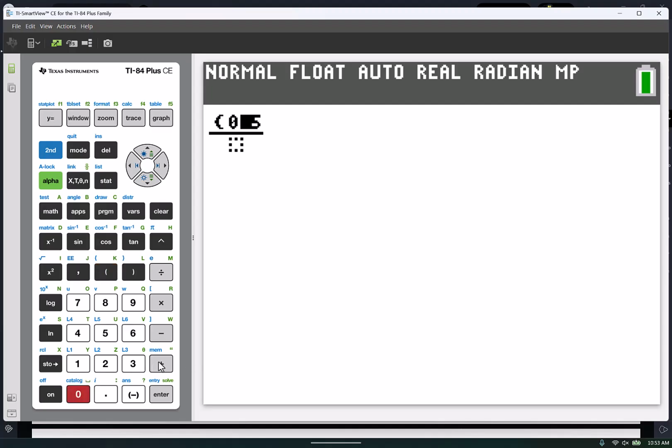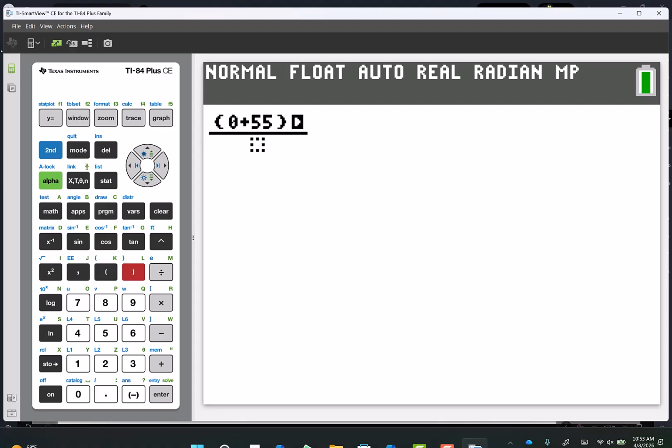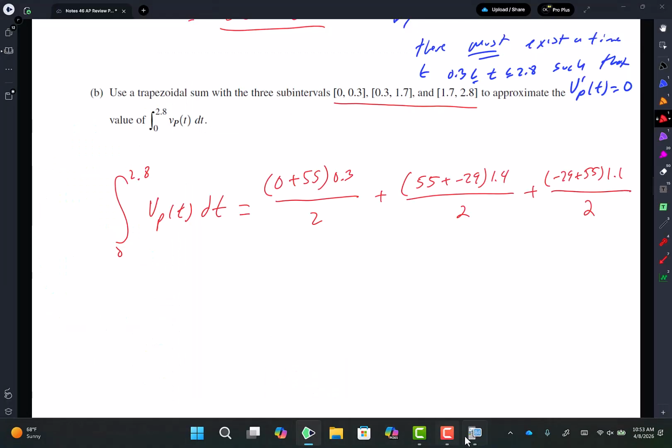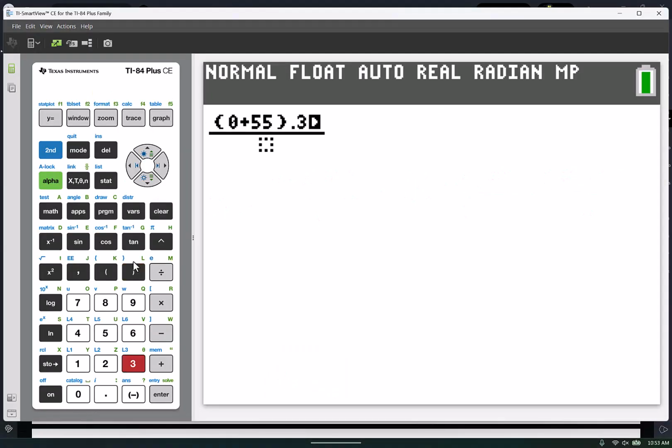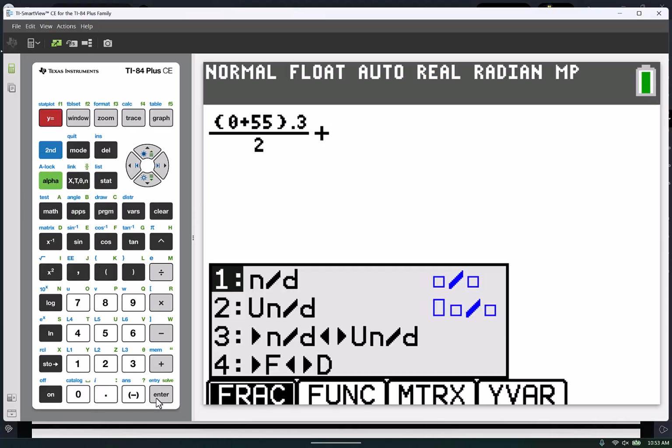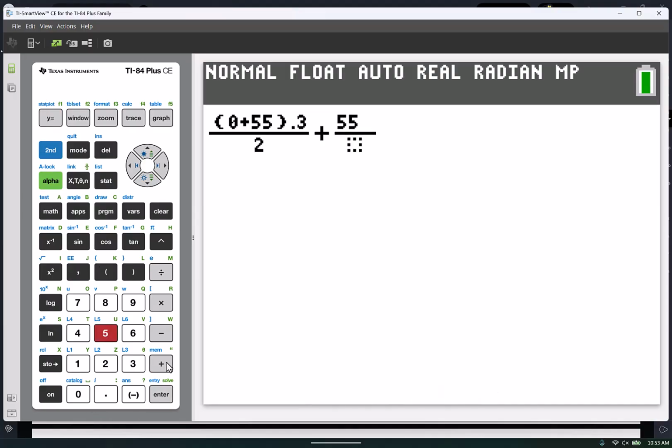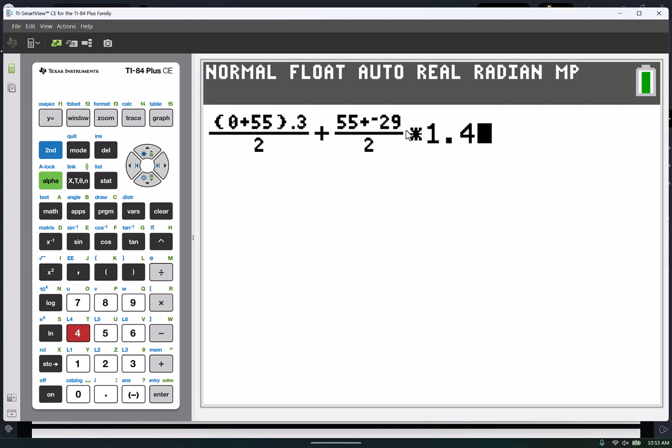Just be careful. 0 plus 55 times 0.3 divided by 2, plus, hook me up, 55 plus negative 29, no? Oh, I messed up already. That's fine. Divided by 2, all this times what? 1.4. I should have put that in parentheses, but I didn't, so that's why it looks weird.